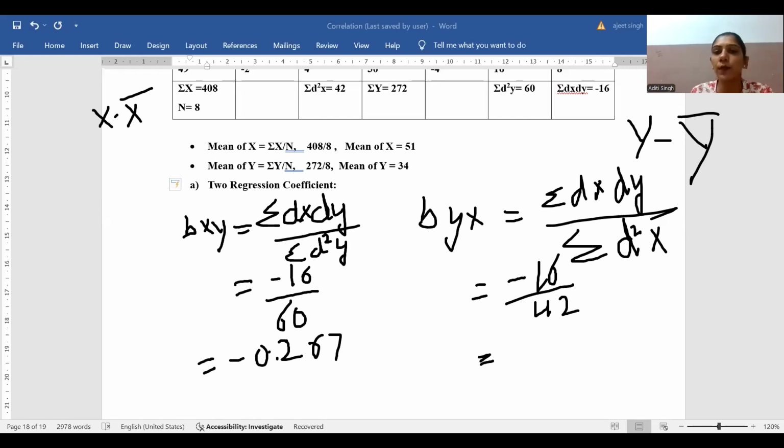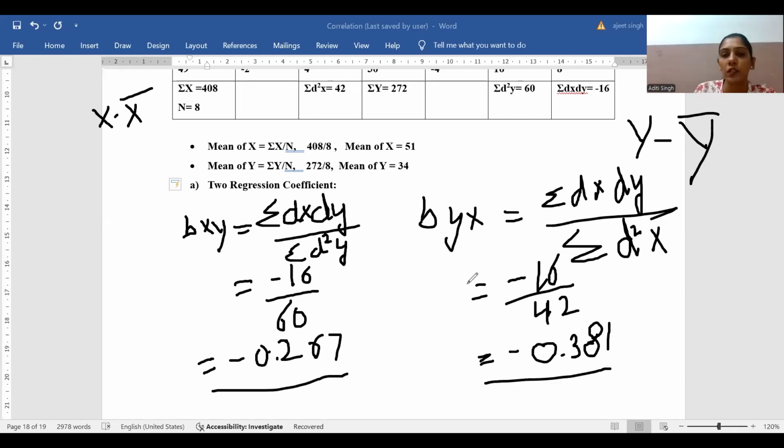The answer is minus 0.38. Okay, so these are the two regression coefficients bxy and byx.